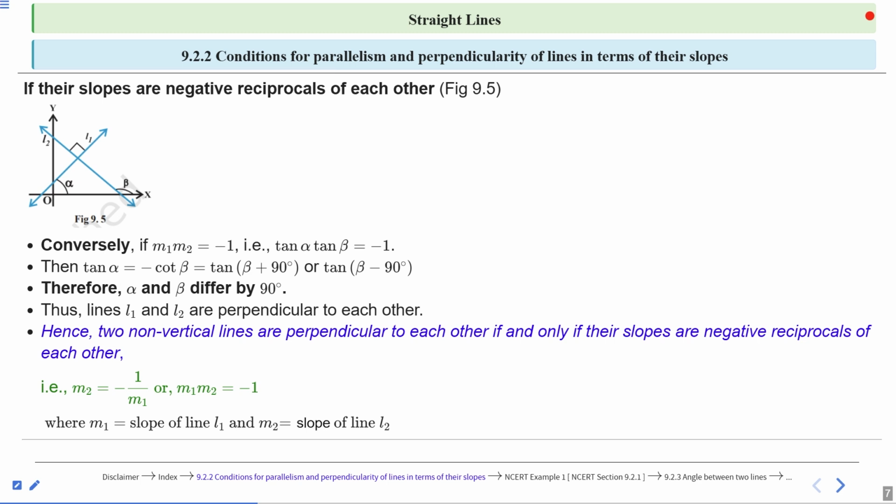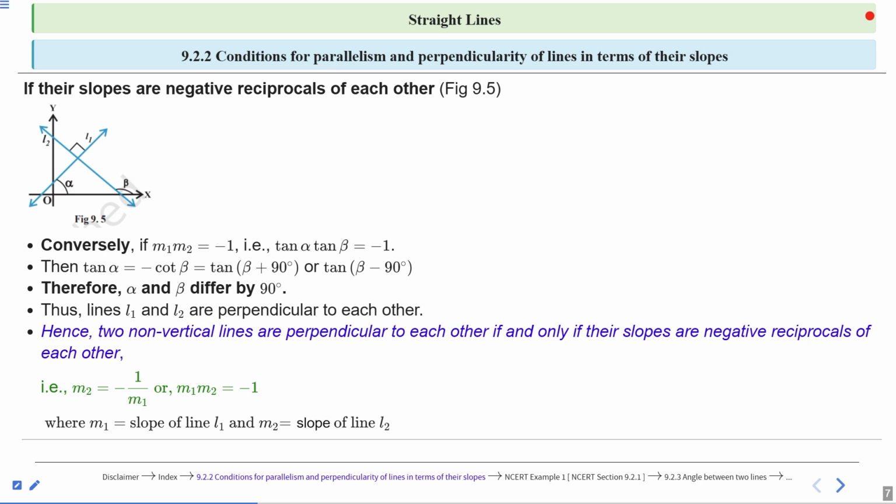Here m1 is the slope of the line L1 and m2 is the slope of the line L2. This holds for two non-vertical lines. When two non-vertical lines are perpendicular to each other, their slopes are negative reciprocals of each other, and if their slopes are negative reciprocals, the lines are perpendicular.